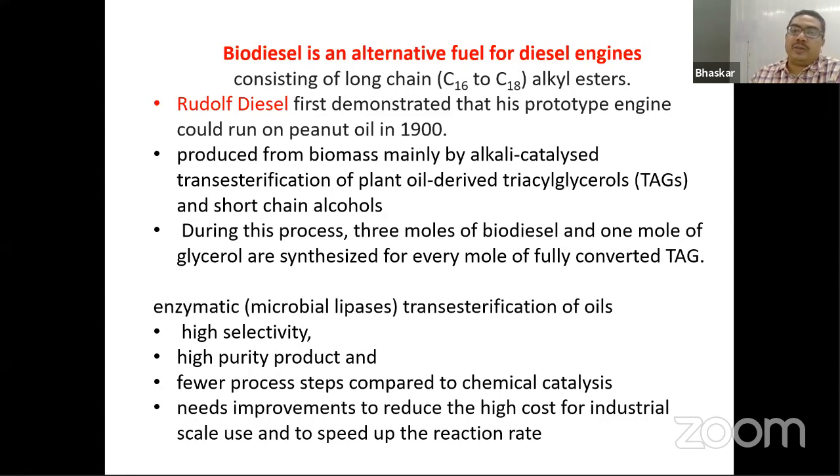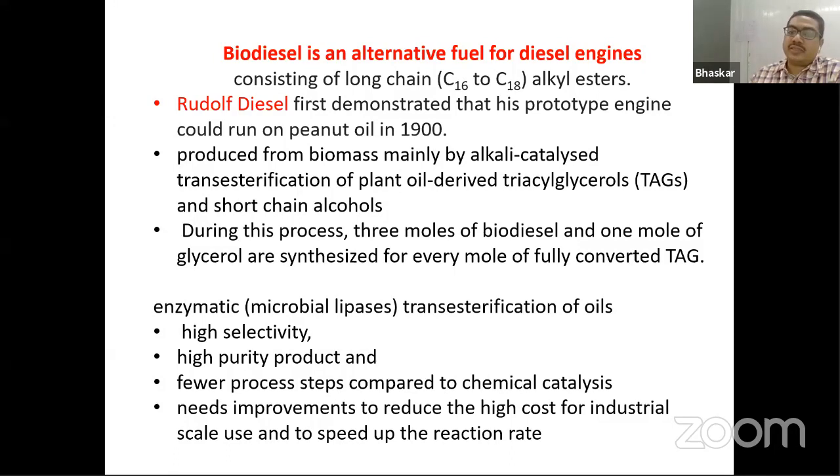So it can be produced by two ways. One is by alkali-based trans-esterification, or it can be produced by acid-based trans-esterification also. During this process, 3 moles of biodiesel are produced from 1 mole of the oil, and glycerol is also synthesized for every mole of converted triacylglycerols.